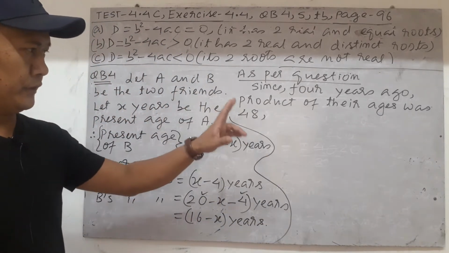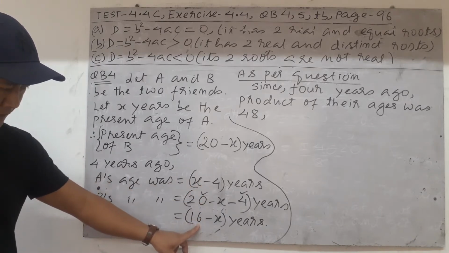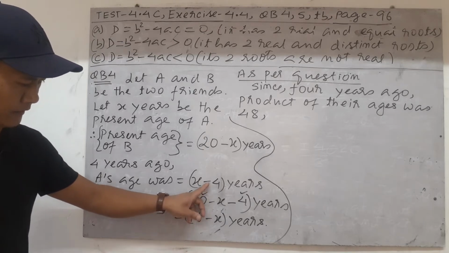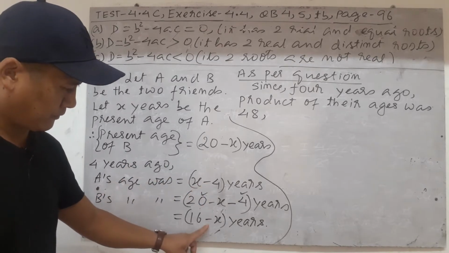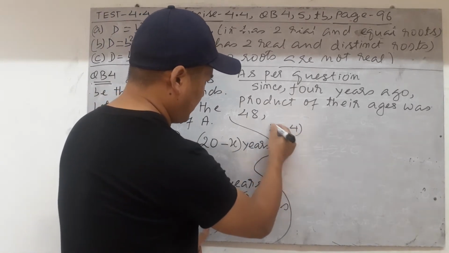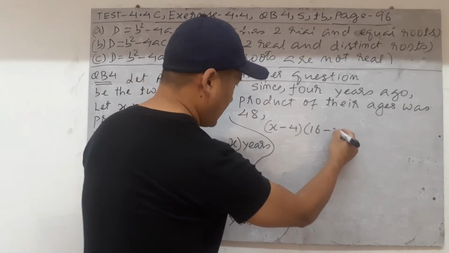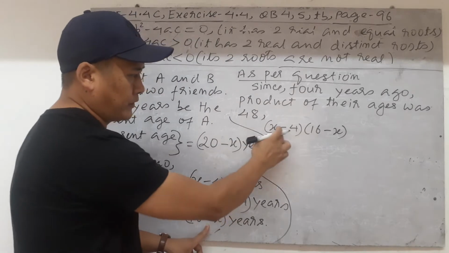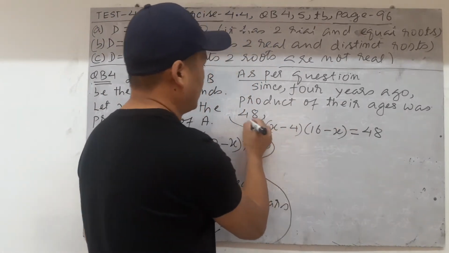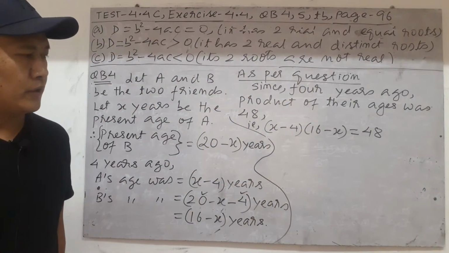Now look here. So 4 years ago, their ages are A is x minus 4, B is 16 minus x. So the product of their ages 4 years ago, product means multiplied. Age of A 4 years ago, age of the other friend B 16 minus x 4 years ago, product means multiplied like this, is equal to 48. That's what is meant by this statement given in the question.